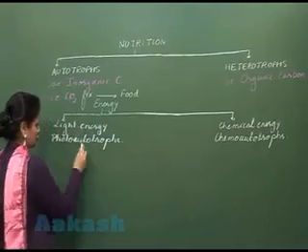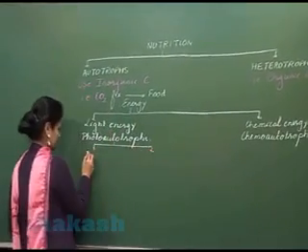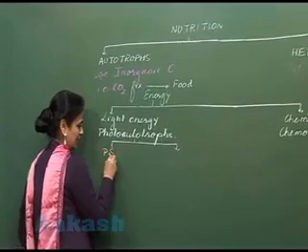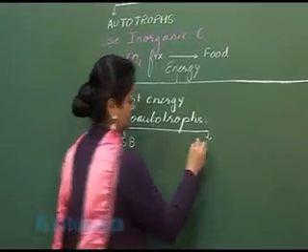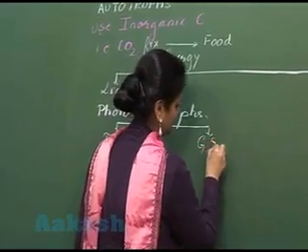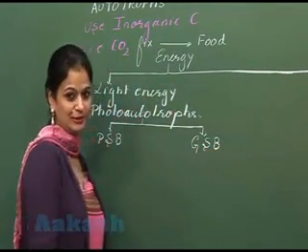Under the photoautotrophs, two categories I will be dealing with here. One is PSB, that is purple sulfur bacteria. Another one is GSB, that is green sulfur bacteria.